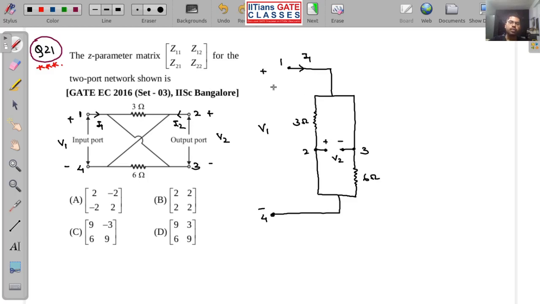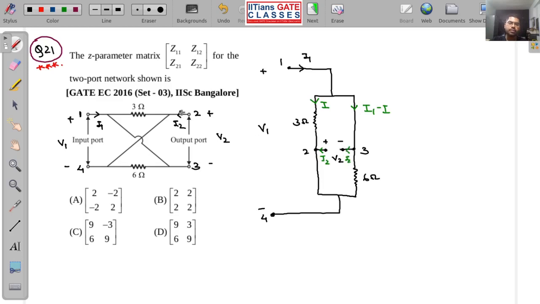Look very carefully what I am going to do. Let me assume this current is I. If this current is I, then this current will be I1 minus I. Now from this node I2 is entering, from this 3 I2 is leaving.